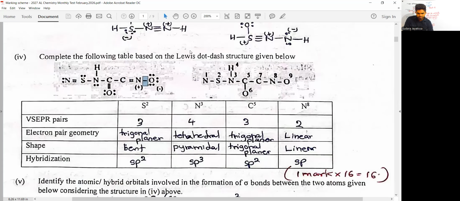Then for the N3 nitrogen, you have 4 repulsion units, 3 bonds and 1 lone pair. Like that, you know how to calculate the number of repulsion units. Then, depending on the number of repulsion units, you can decide the geometry.